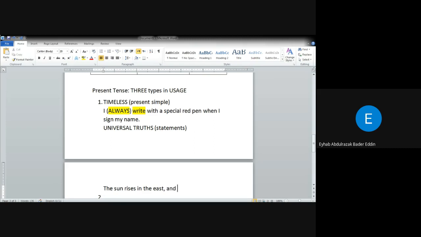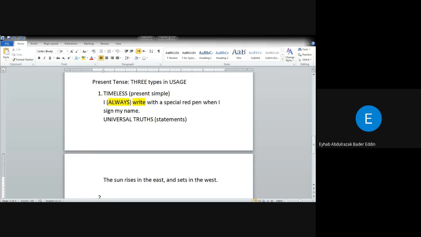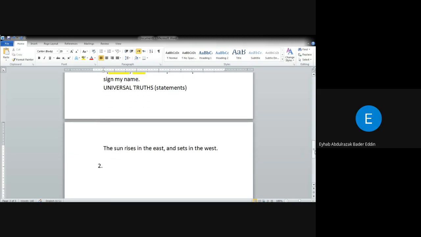And sets in the west. Is this a fact that changes? No, it can't. Until when? Doomsday. When we have the doomsday, this will change. But as long as we are living, this doesn't change, right?